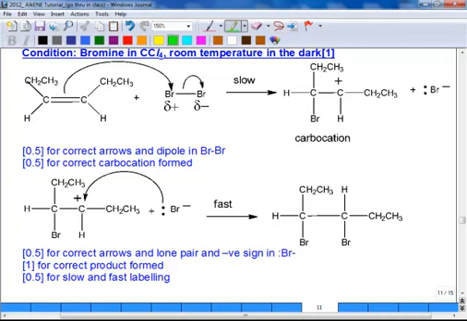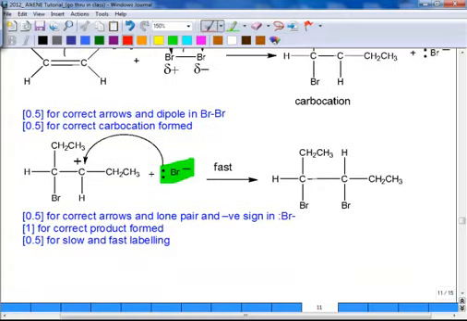Negative charge and lone pair. So based on this, you notice that the nucleophile comes into play here. That means your nucleophile is only relevant in the second step. The first step already occurred.